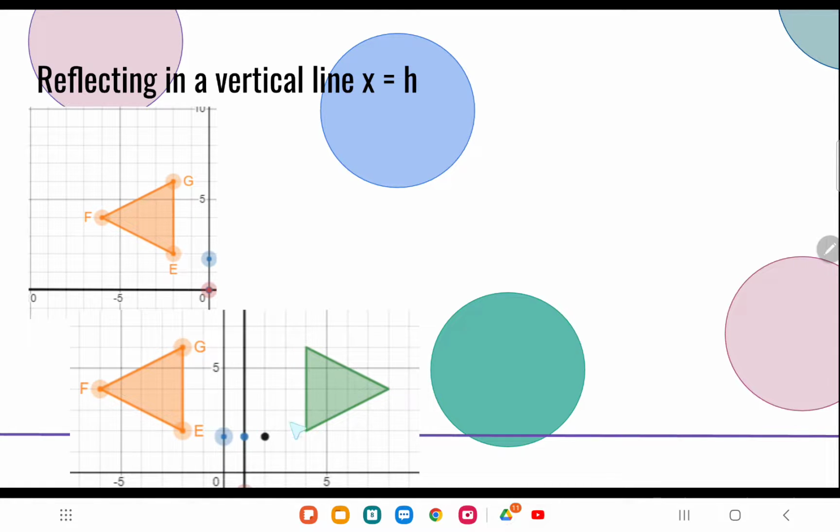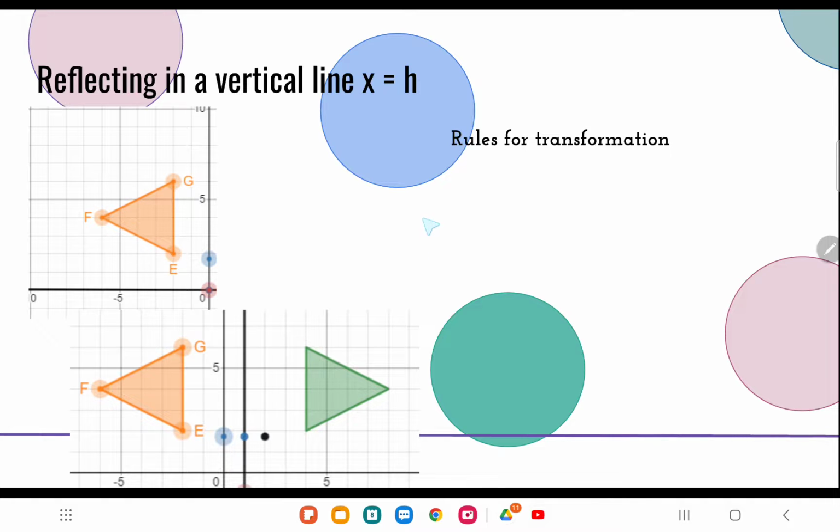I'm 3 units away in either direction. And so my E value here is going to change from negative 2, 2 to E prime being at 4, 2. The y coordinate therefore is staying the same, and only the x coordinate is changing.